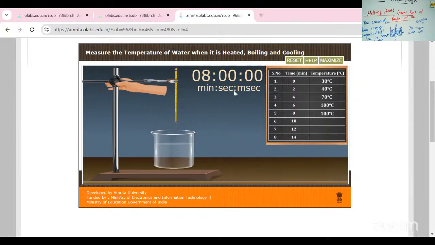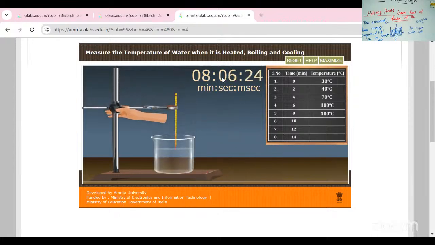Okay. Next one is cooling. The first one was the boiling point. Now I want to decrease the temperature level. So I just take out the burner, and only the thermometer is inserted in that beaker. After 2 minutes, that is 10 minutes, what will happen here?